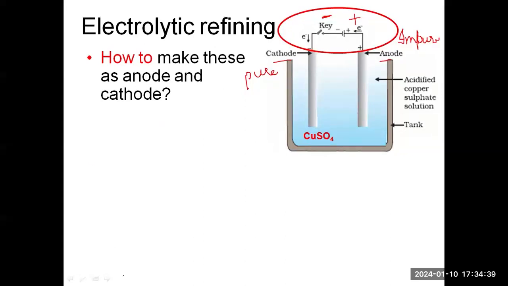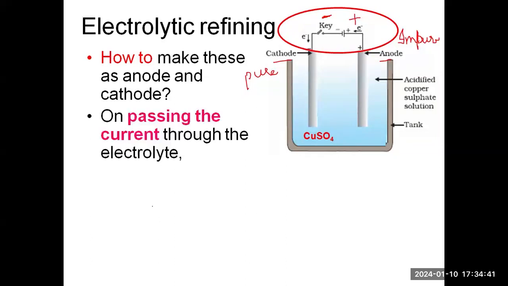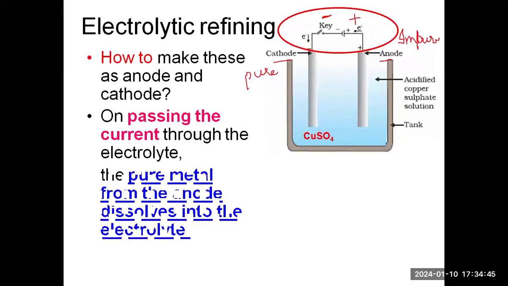Now, when the circuit is joined like this, the current starts passing through the electrolyte, and the ionization of copper sulfate takes place, and it changes to Cu2+ and SO4 2-.